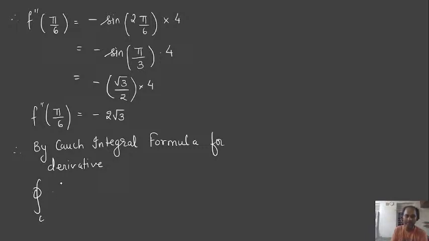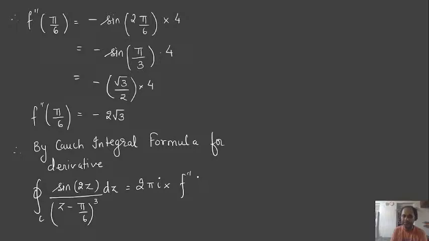See, the integral of sine 2z divided by (z minus pi by 6) whole cubed dz is equal to 2 pi i multiplied by f double dash of pi by 6 divided by (n minus 1) factorial. Yeah, n minus 1 factorial we had to do.